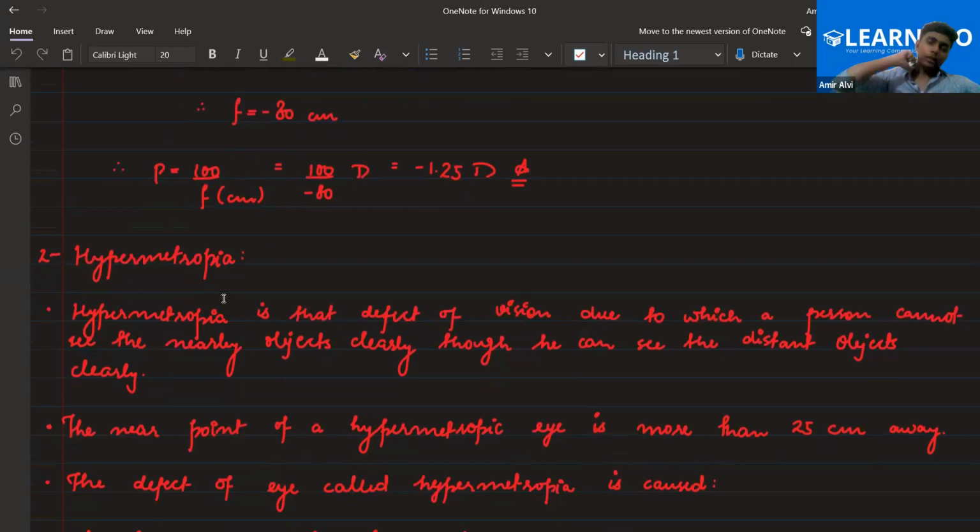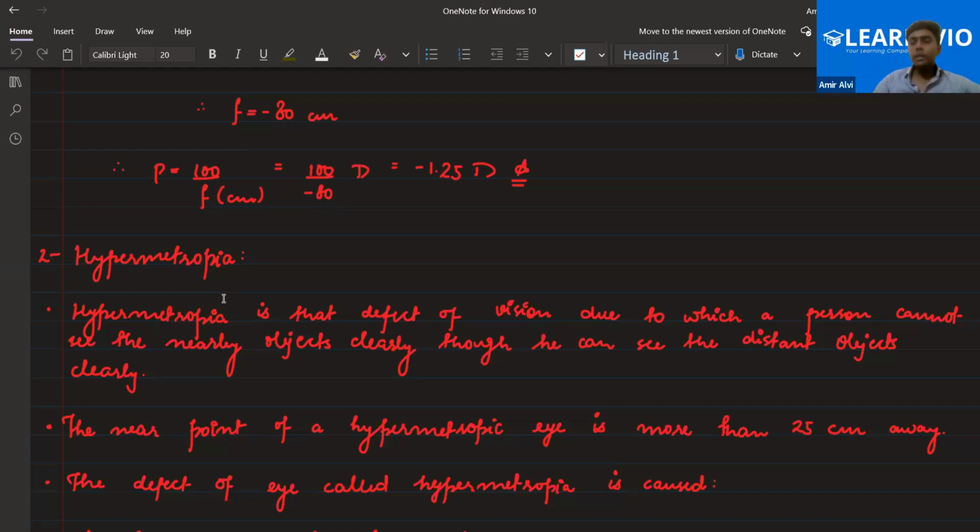You must have seen some people reading something from a far distance, a little bit more than 25 centimeters. Because they are not able to see nearby objects clearly, the near point is shifted away from 25 centimeters. It means the near point is increased, so it is greater than 25 centimeters.